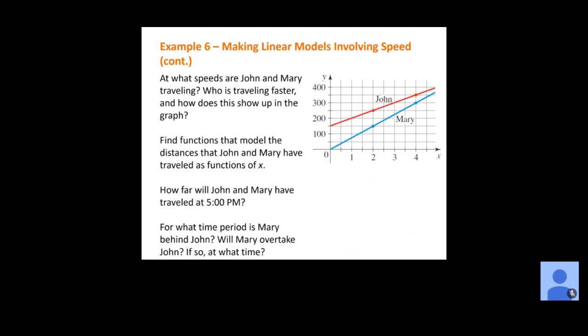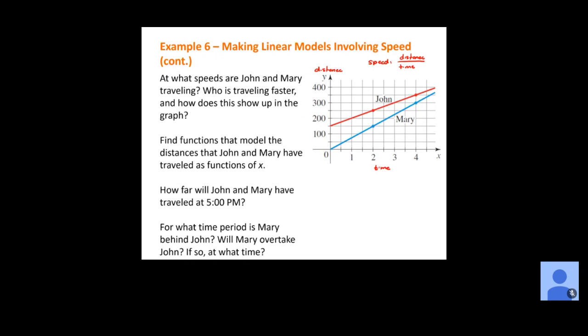All right, our first question is, at what speeds are John and Mary traveling? The way we're going to determine speed in this case: down here we have times, so our x-axis represents an amount of time, and our y-axis represents distance. If I want to know a speed, speed is going to be distance over time.